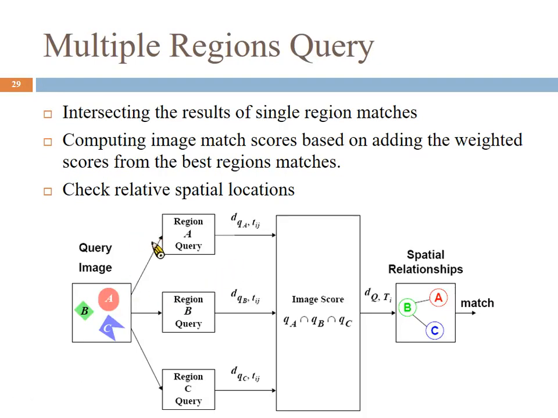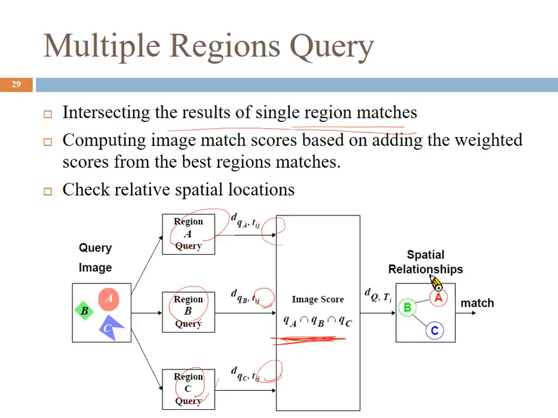And if we have multiple query regions, we just intersect the results of single region matches. So we first get the region A result, then the region B result, and then the region C result, and then we take the intersection of all the results retrieved from the different individual region queries.